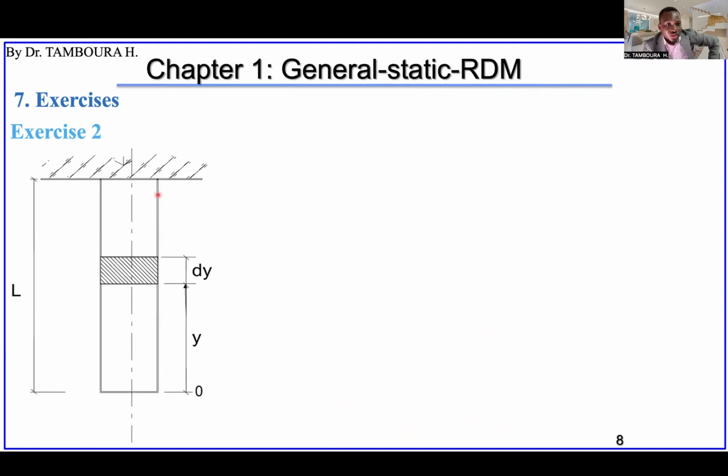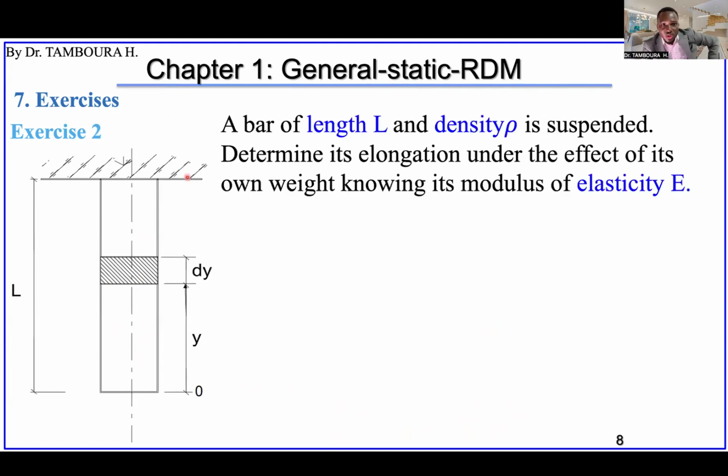Exercise number 2 is about this. We have a bar, let's say a steel bar, or any other material. Here we don't have any force acting on the bar. The bar is subjected to its own self-weight only.